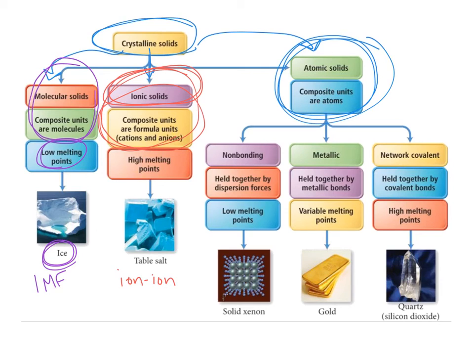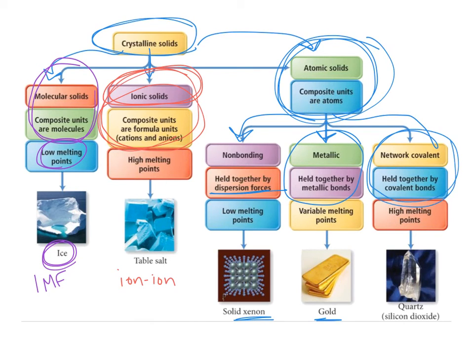They could be non-bonding atoms, as in nonpolar, held together by London dispersion forces, like solid xenon. They could be metal atoms, held together by metallic bonds, and they have variable melting points, like gold or silver or mercury. Or they could be held together by covalent bonds, and this is your network covalent with high melting points such as quartz.